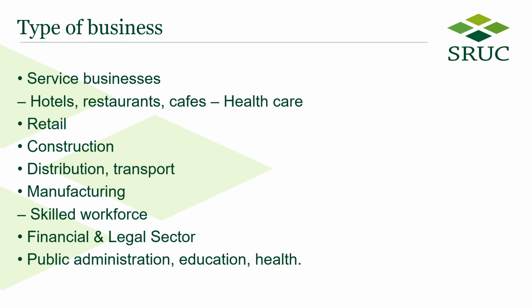You'll look at, there might be retail, construction, distribution, transport, manufacturing, or there might be a more skilled workforce that's dominant, financial and legal sectors, and the public administration. The public sector is the largest in Scotland, so it's often a good gauge as a comparison metric to see how accessible rural and remote rural compare to the rest of Scotland.